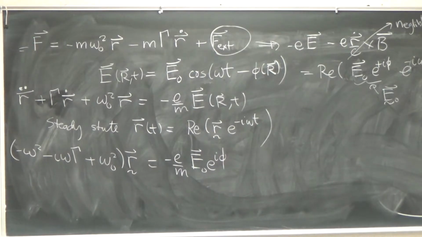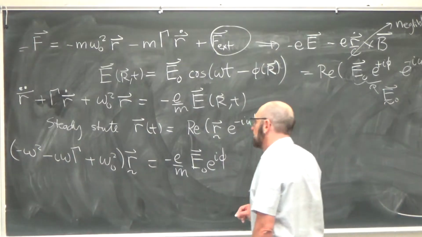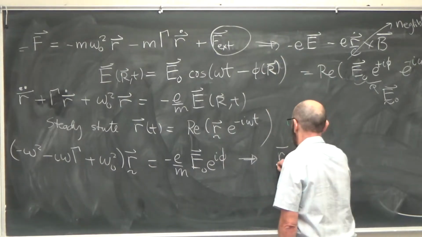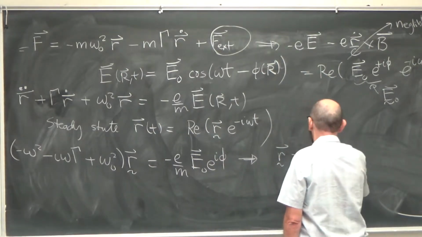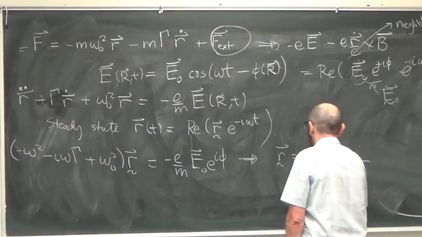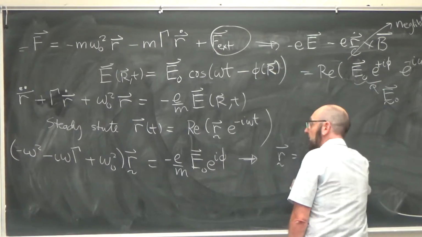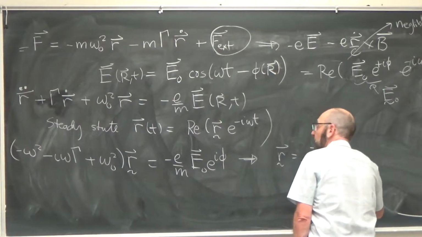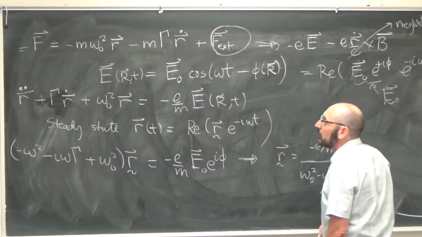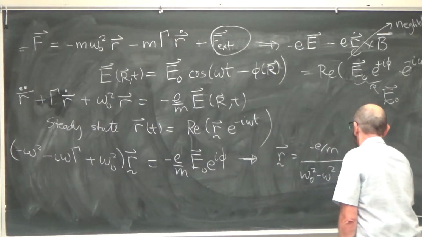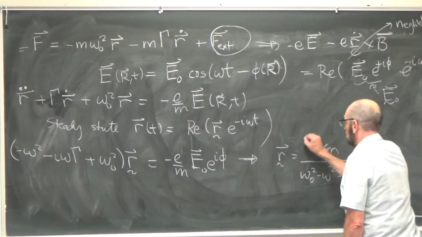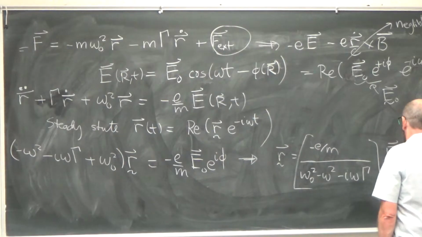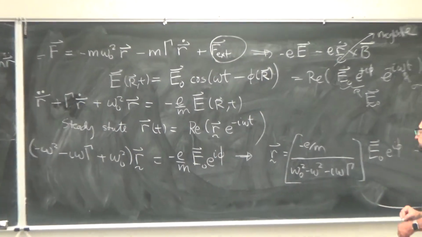And so the steady state complex amplitude is minus E over m, over omega naught squared minus omega squared minus i omega gamma, times E0 e to the i phi.